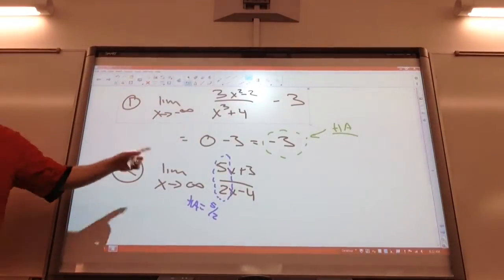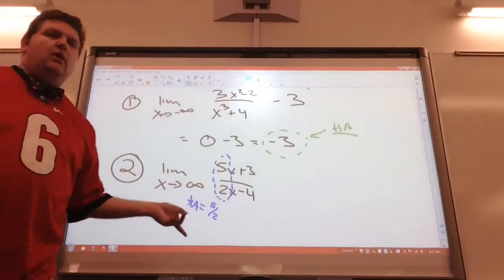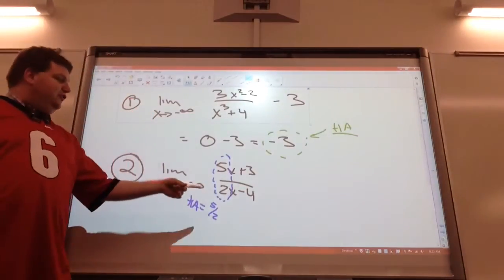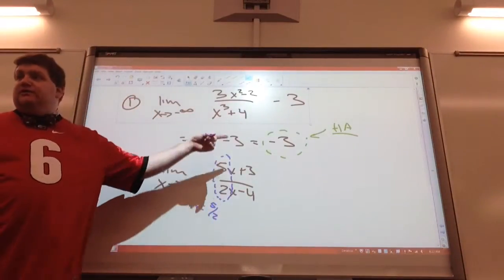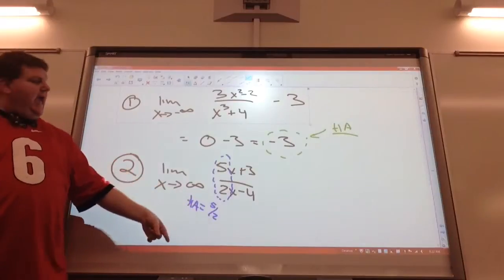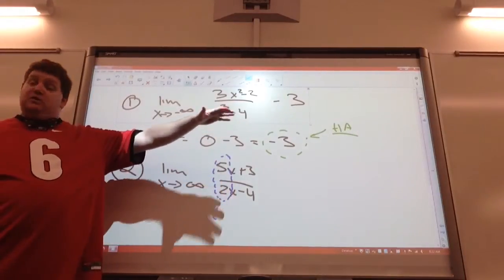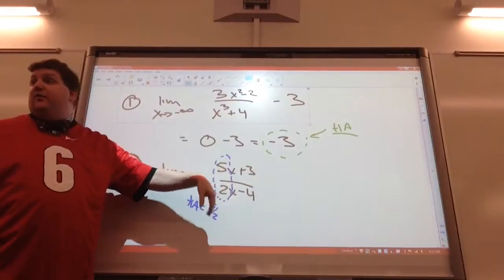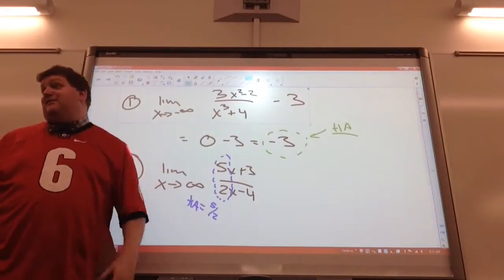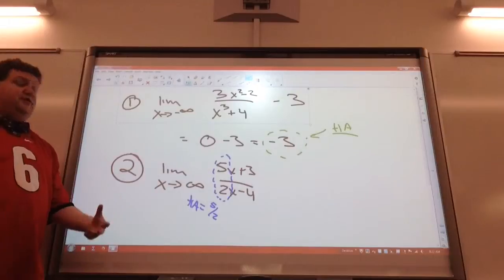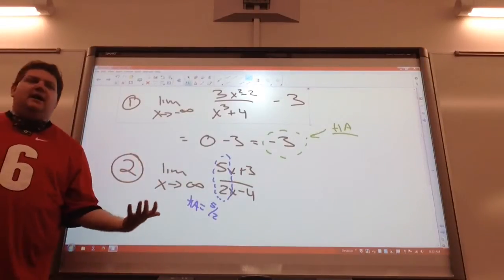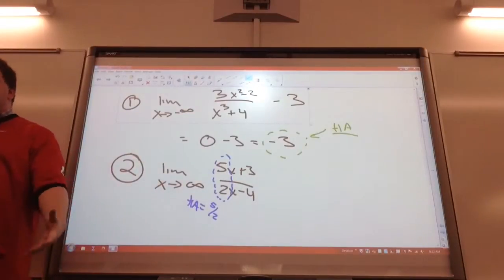How we figure out it's 5/2, though, there's two ways I can do it. One is polynomial long division, and I'm going to get 5/2 plus some fraction where the denominator is 2x minus 4 and the top is going to be something small, a degree smaller. Then when I take the limit as x goes to infinity, it goes to 0.